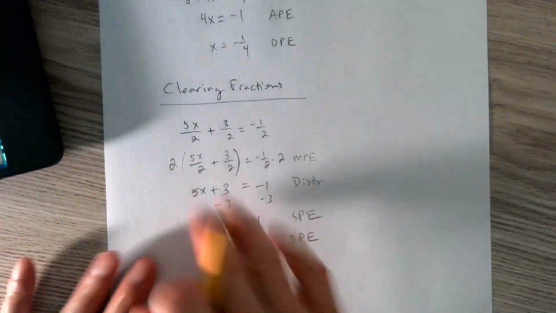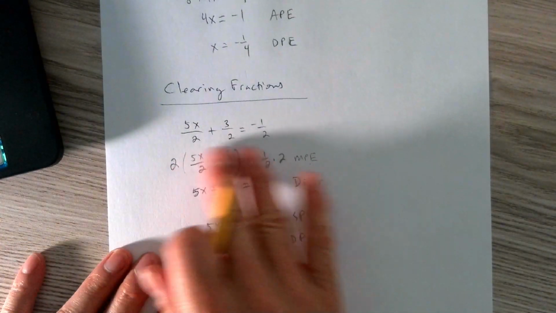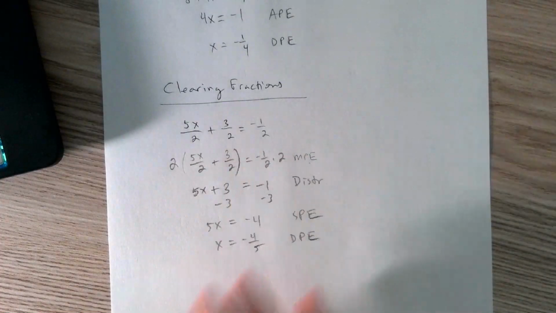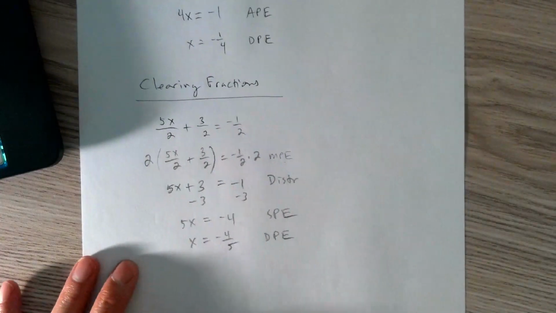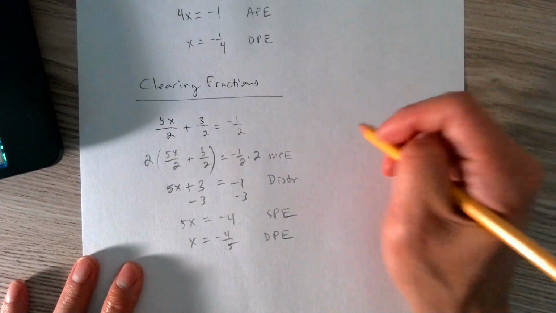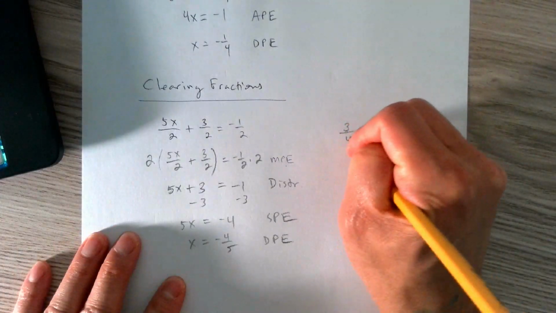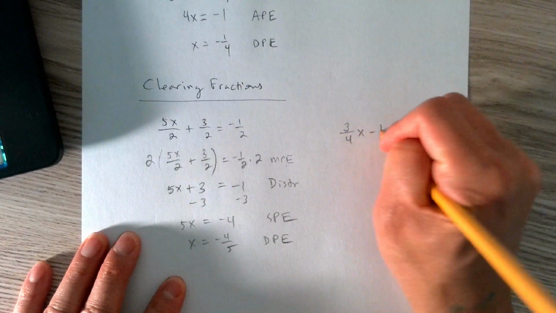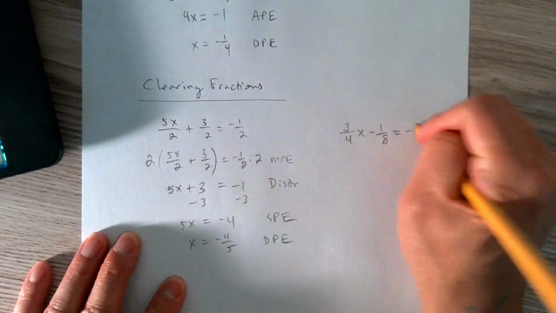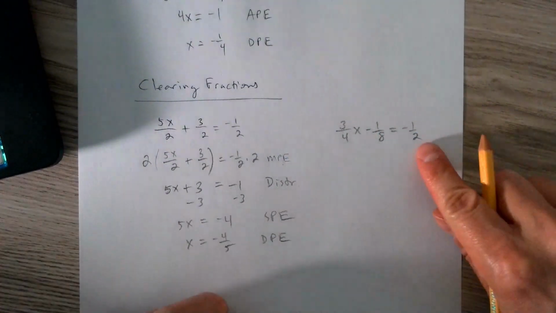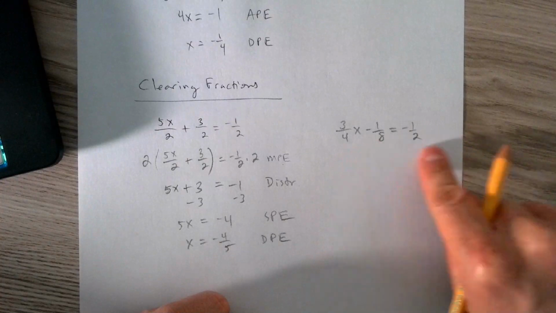Now that was nice and easy because the denominators were all the same, right? So what you multiply both sides by was clear. This, in this example, is not as clear. So, yes, one of my denominators is 2, but 2 will not work.